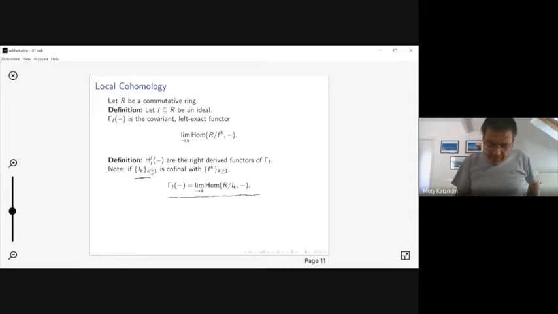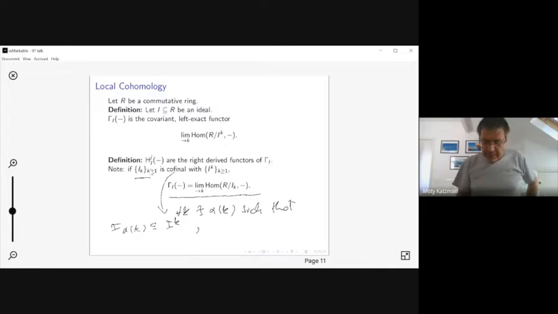What I mean by cofinal is that for every k, there exists an alpha of k such that I to the alpha k is inside I_k, and the other way around.